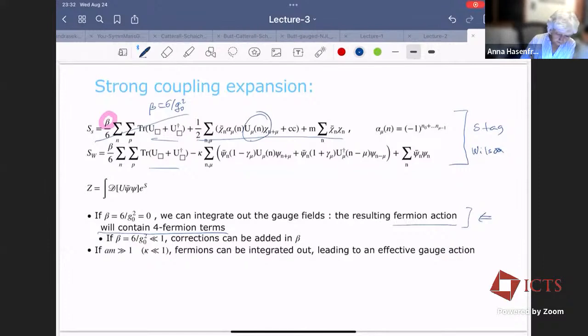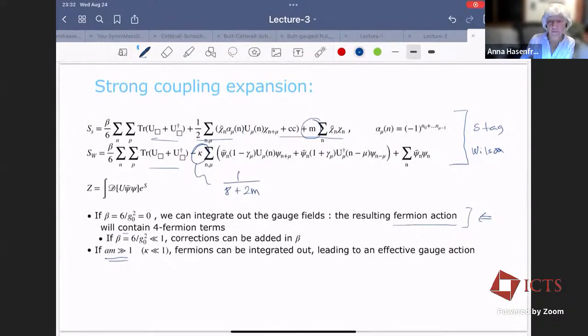Now, the other limit we can take is when we keep beta, that's fine, but we integrate out the fermions. The fermions are quadratic, and the fermionic integrals are usually easy anyhow. What we can do is an expansion either when m is large, or alternatively when this kappa is small, and remember kappa was 1 over 8 plus 2m.